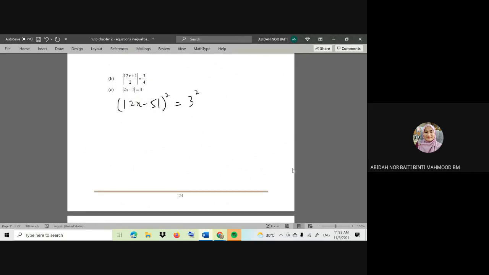Therefore, here we get 2x minus 5 squared equal 9. And then expand. Okay, 4x squared minus 20x plus 25 minus 9 equal 0. Try to factorize ya. Cuba factorize. And then check answer ya.